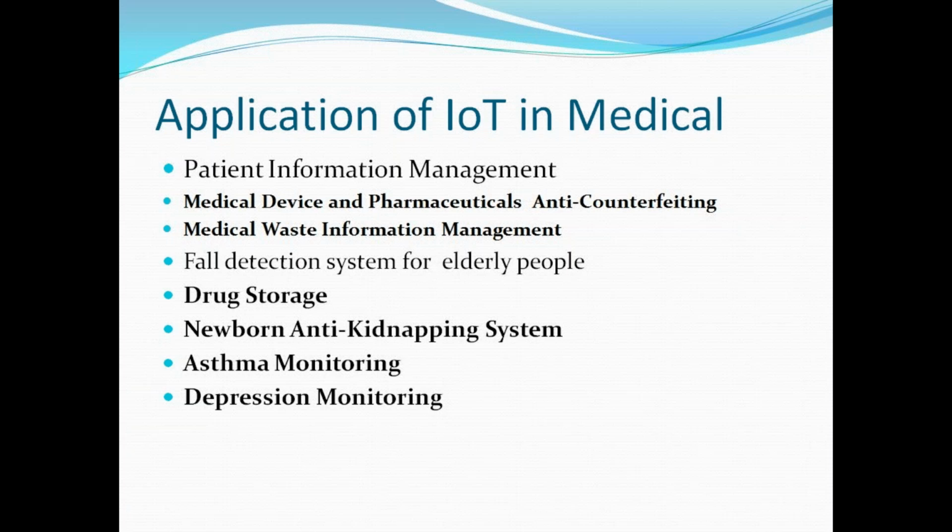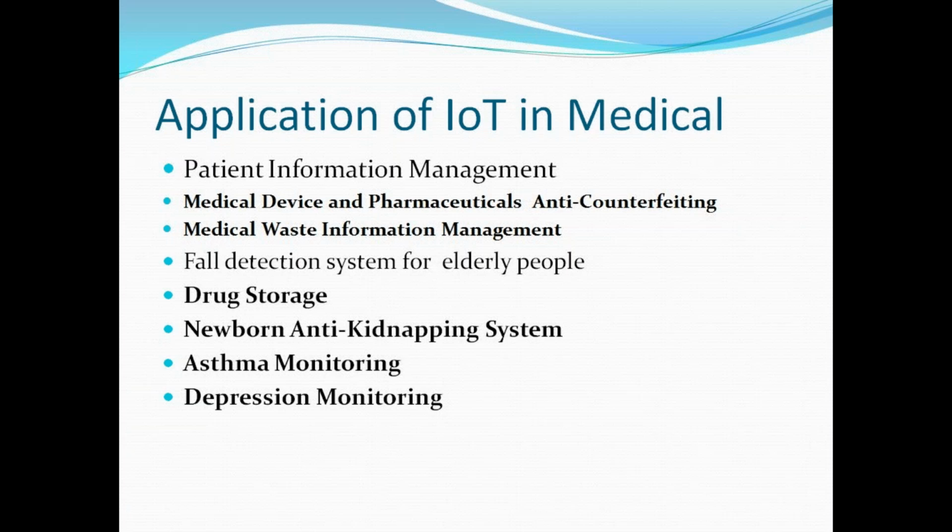Similarly, in case of pharmaceuticals, if there is any counterfeit of the medicine, it can be identified. Say we have a very costly medicine, and there is a chance of counterfeiting. What we can do is use an RFID tag along with the medicine.